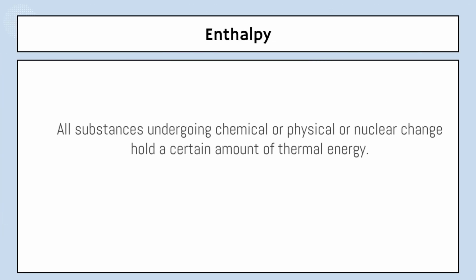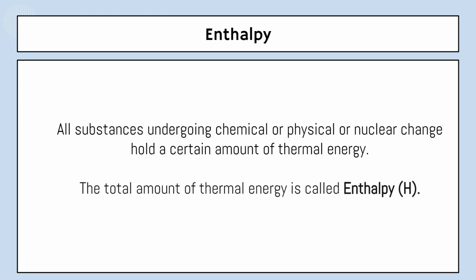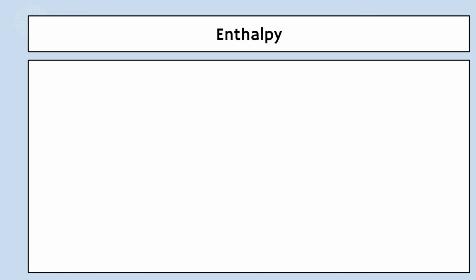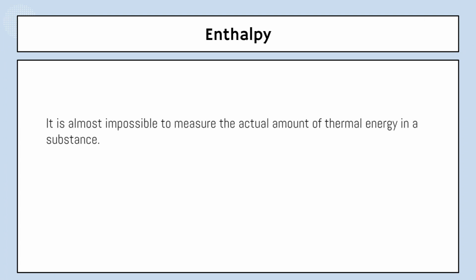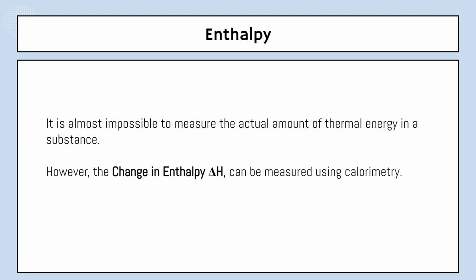Enthalpy. All substances undergoing chemical or physical or nuclear change hold a certain amount of thermal energy. The total amount of thermal energy is called enthalpy. It is almost impossible to measure the actual amount of thermal energy in a substance. However, the change in enthalpy can be measured using calorimetry.